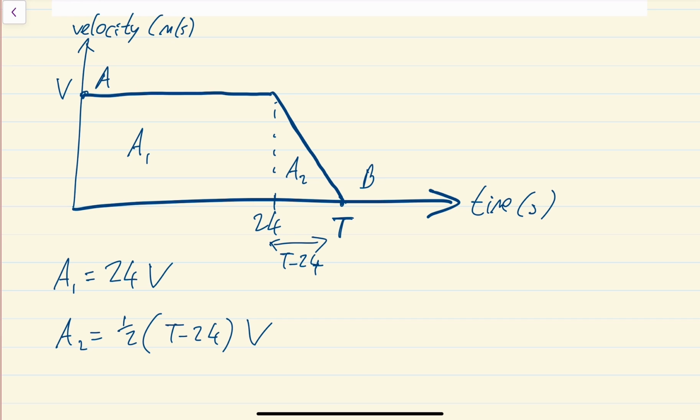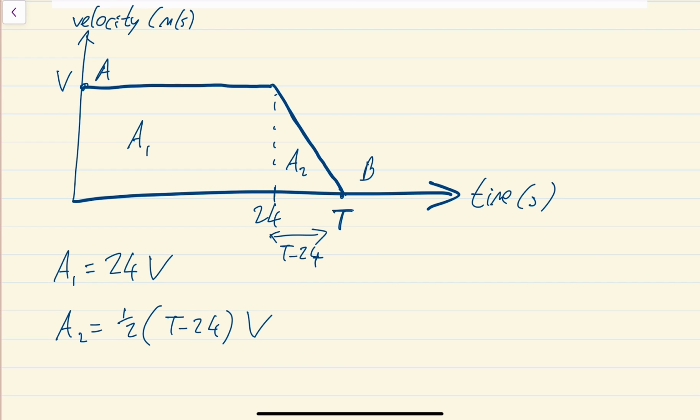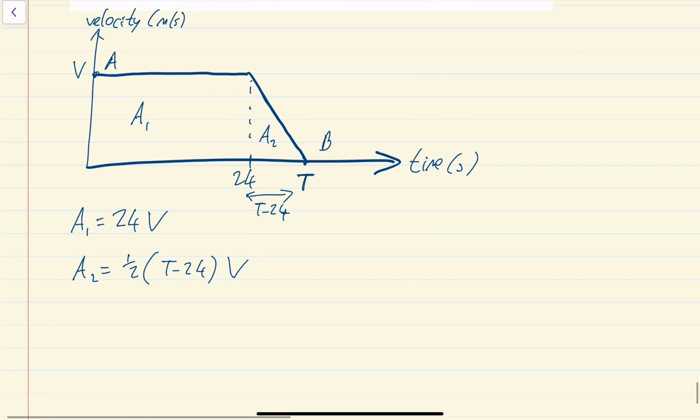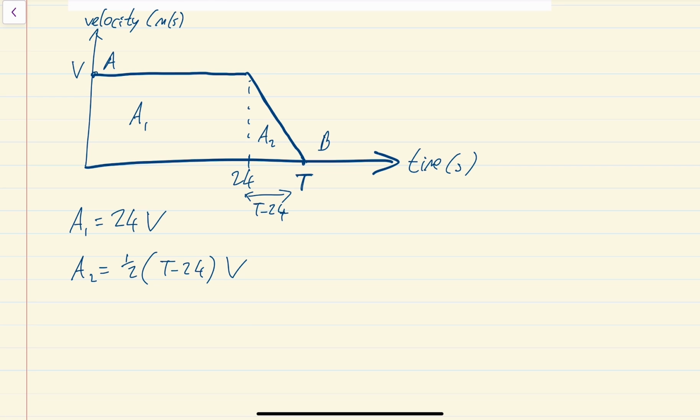What could we do? Now we know that area 1, this bit here, is 4/5, and this bit here is 1/5. So that means area 1 is actually 4 times area 2.